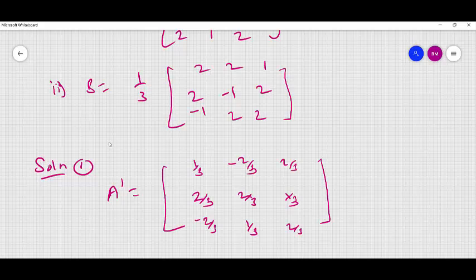I took that matrix A, multiplied each entry by 1 by 3 instead of taking it common, and took the transpose of this, meaning rows become columns. First row was 1 by 3, 2 by 3, minus 2 by 3. It will become the first column like that. So we succeeded in finding A transpose. It is not so difficult.